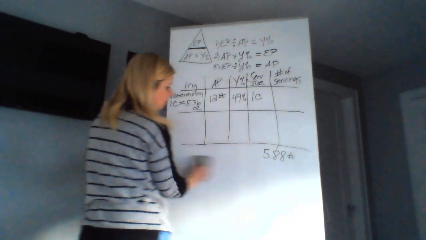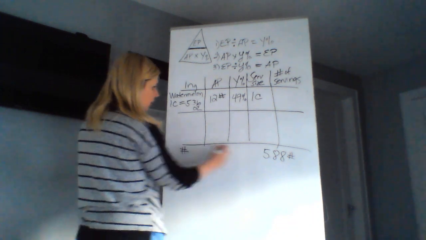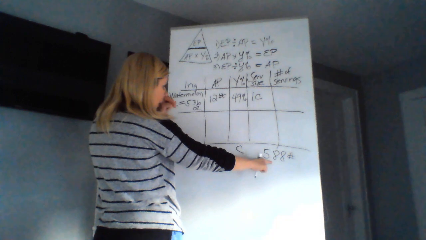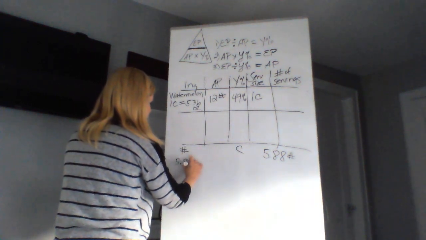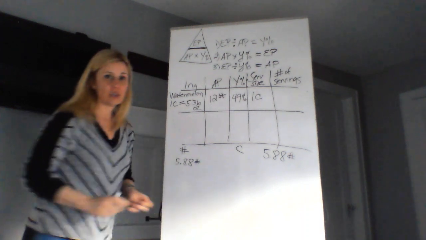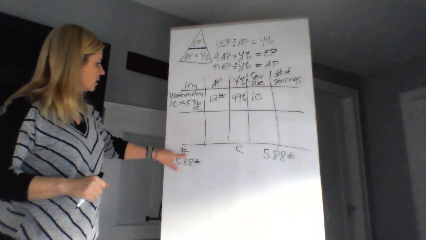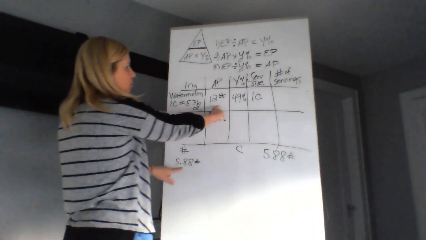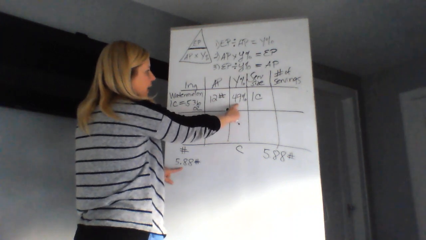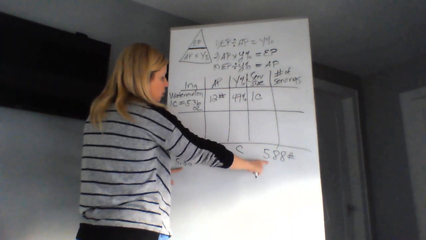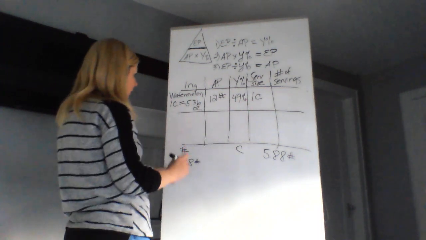We just have to convert pounds to cups, starting with 5.88 pounds. So now we want to know 5.88 pounds usable, right? Because we got in a 12-pound watermelon. We know that we're only going to have 49% of it usable, which means we have 5.88. We don't know how many cups that is, but we can find out.